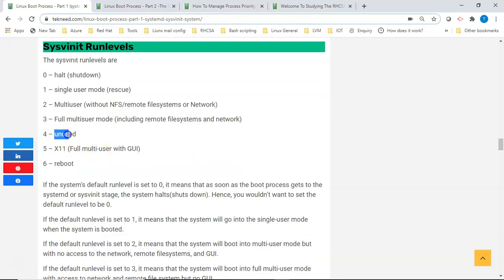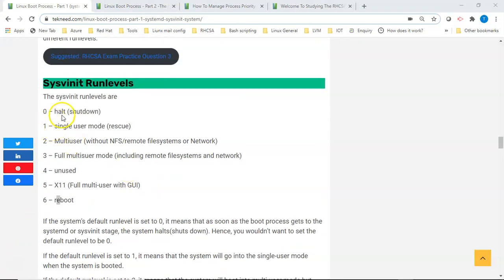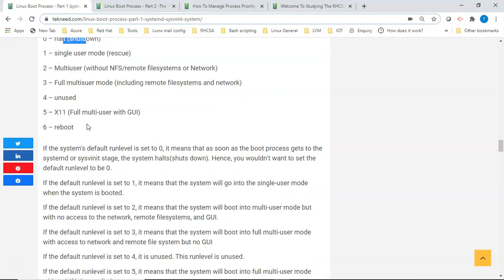We have 4, which is unused. We have 5, which is X11, and we have the sixth mode, which is the reboot mode. If the system's default run level is set to 0, the shutdown mode, it means that as soon as the boot process gets to the sysvinit stage, the system halts and shuts down.